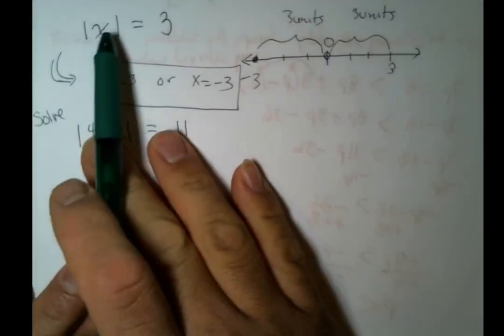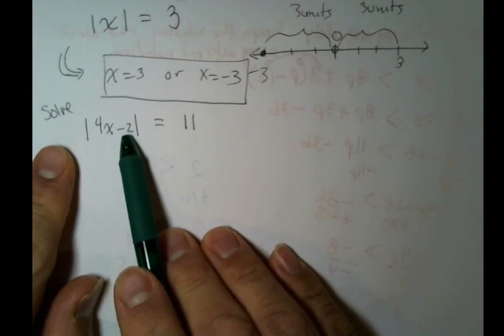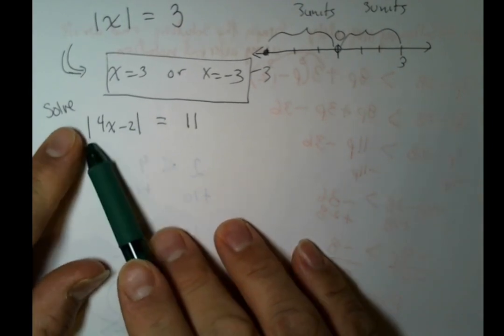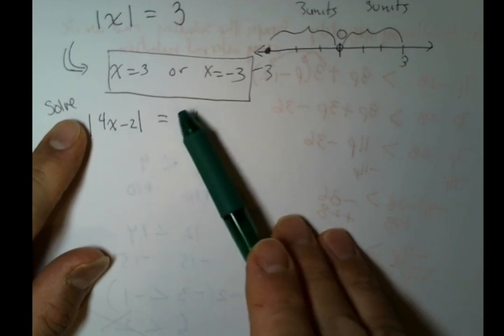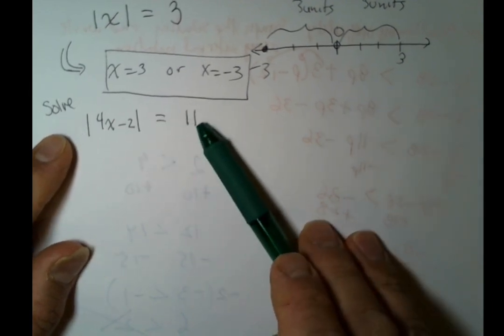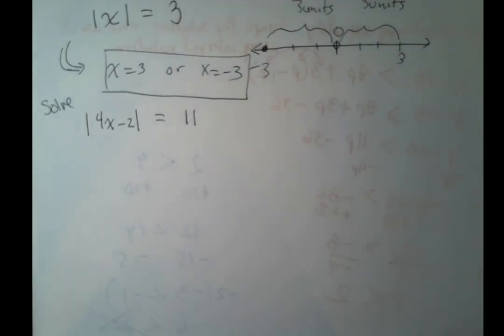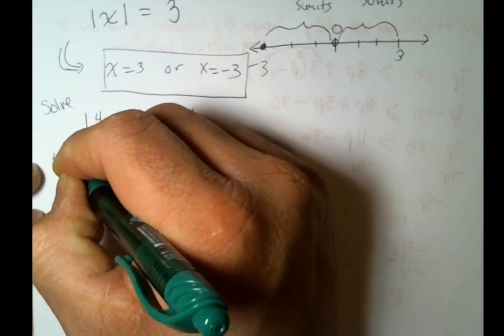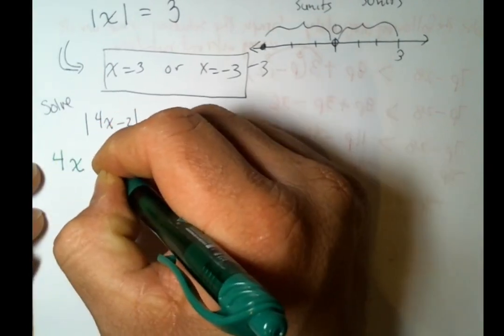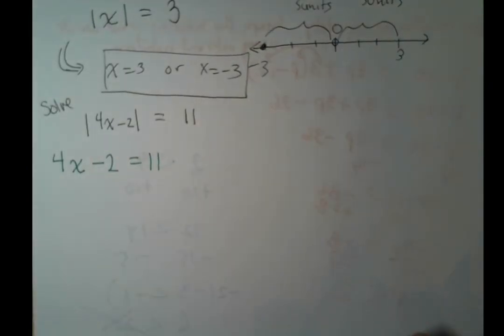Now when dealing with an absolute value equation, if you have it in this form where you have some quantity in absolute value equal to some number, I can drop the absolute value by setting up two different equations. The first one is simply to rewrite it as is: 4x minus 2 equals 11.